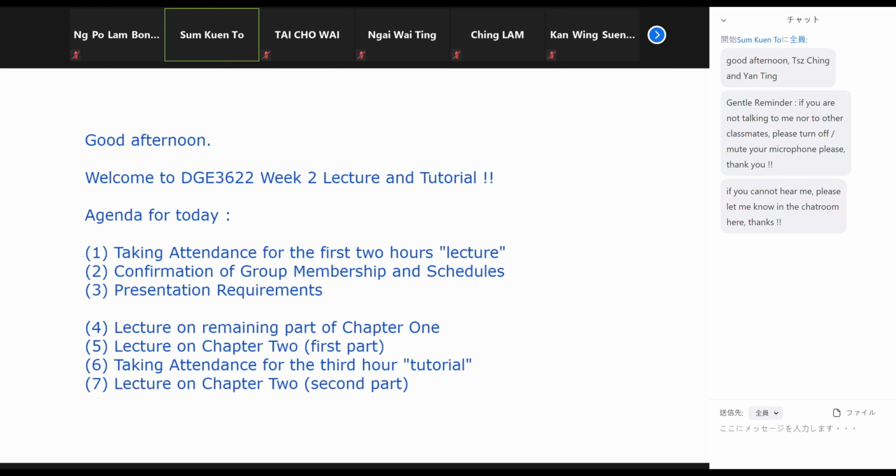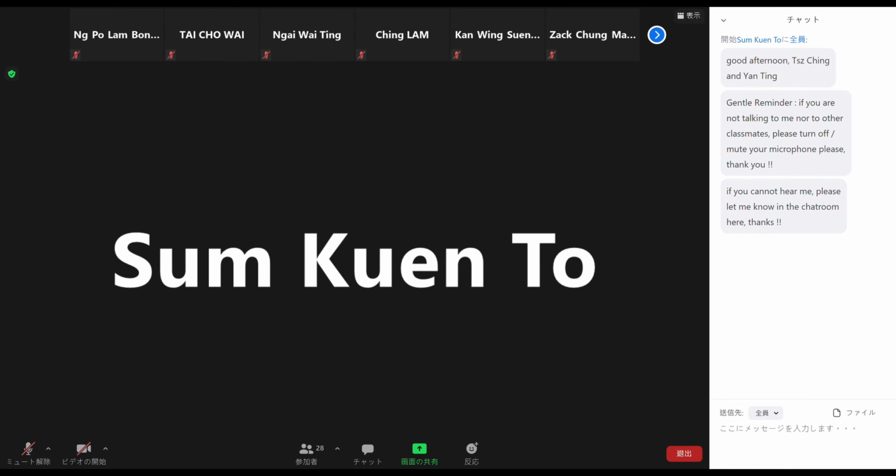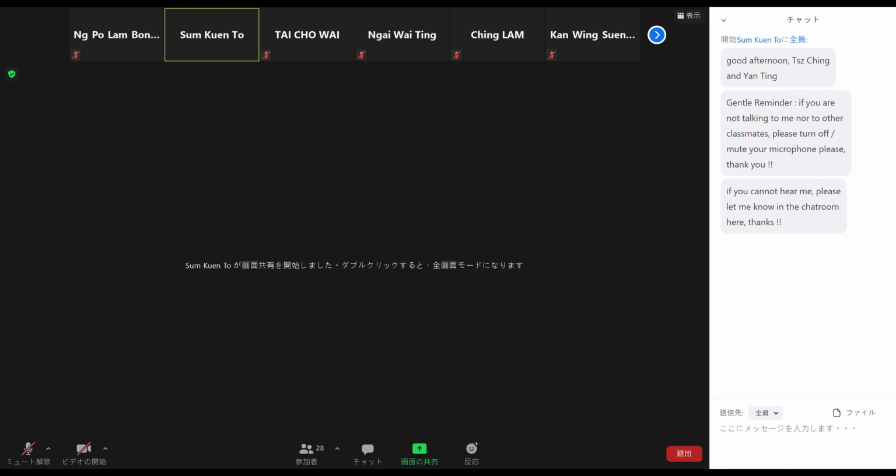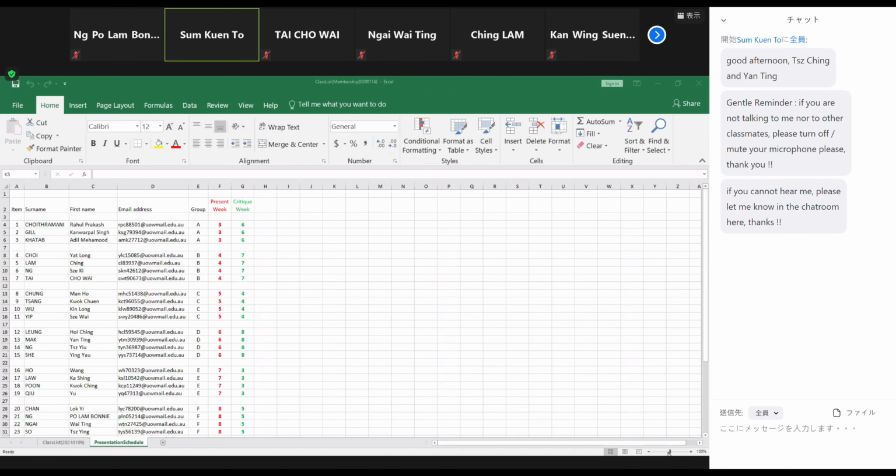Now I am going to take away the whiteboard and share the screen. I will show this again in the PowerPoint slide, but anyway, I presume that you are now seeing the Excel file, the spreadsheet, and I will try to enlarge that.